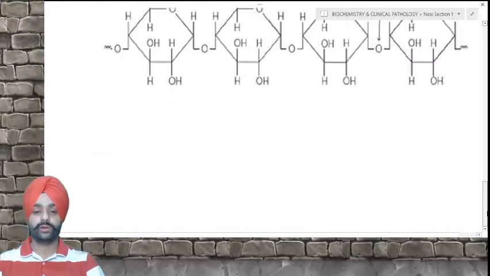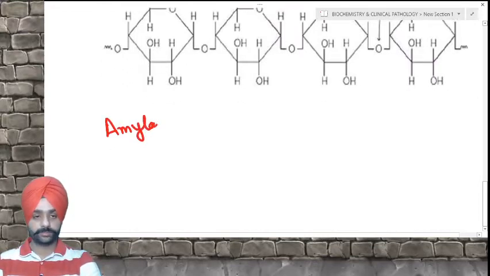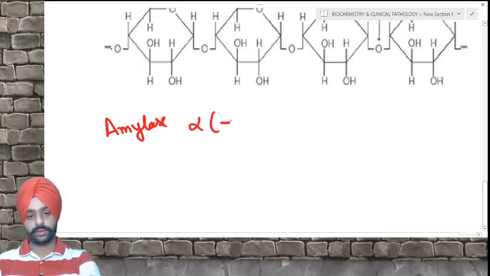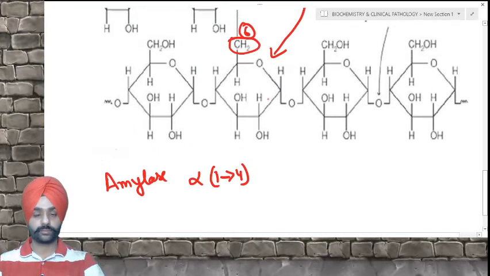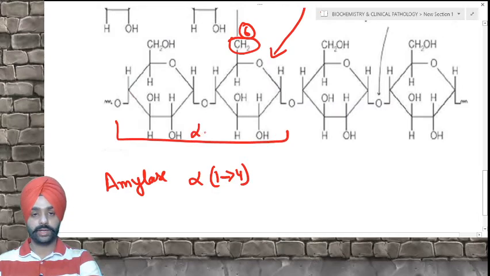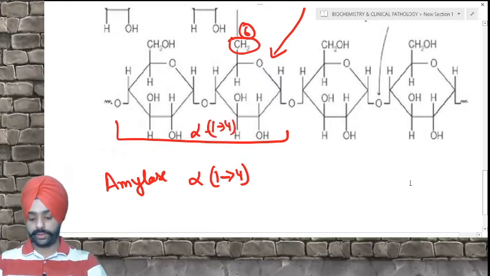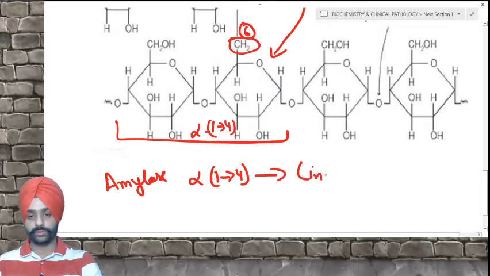So now we know that amylose consists of alpha 1,4 linkage. See here, these are the two molecules which are linked by alpha 1,4 linkage, so it will tend to form a linear chain of amylose.